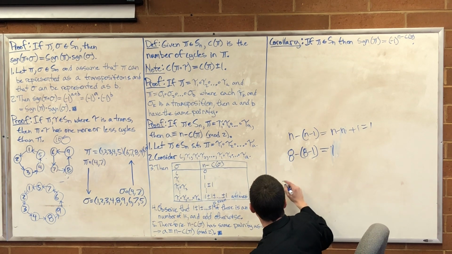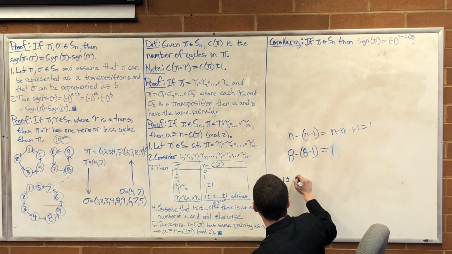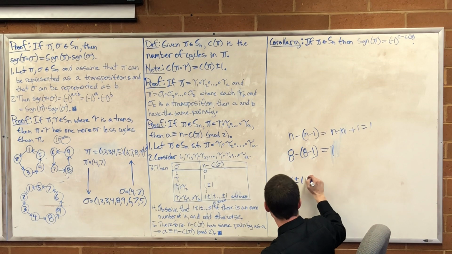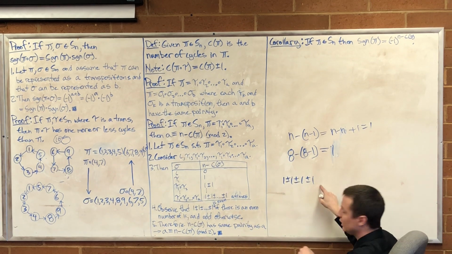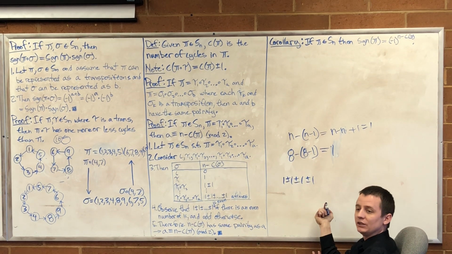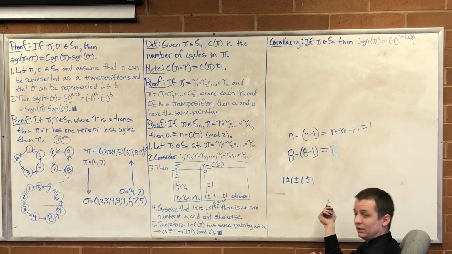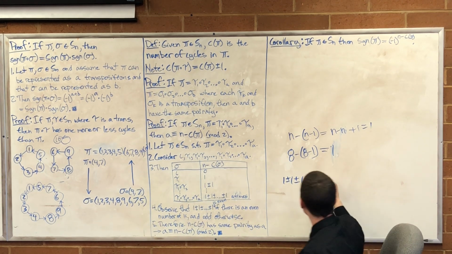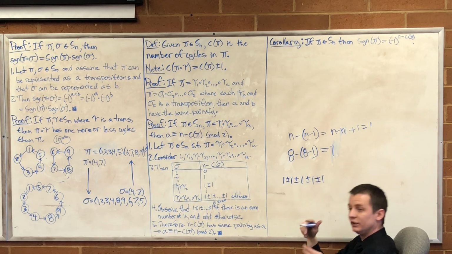In other words, if we do 1 plus or minus 1 plus or minus 1 plus or minus 1, and I do this an even number of times, I'm guaranteed to have an even number. I don't know what it is, but it's even. And if I do it an odd number of times, I'm guaranteed to have an odd number.